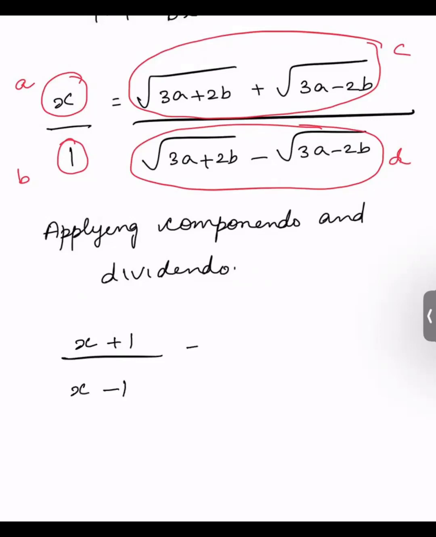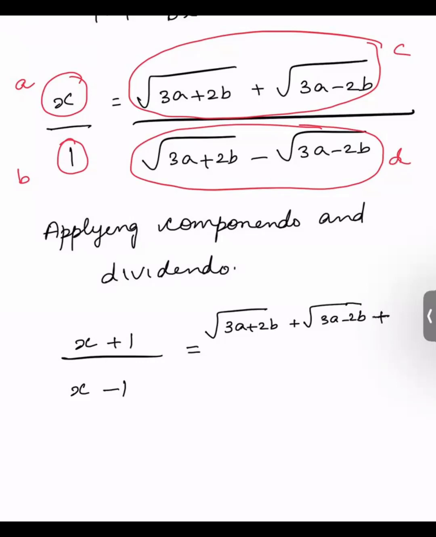This is equal to, the right hand side is going to be a longer one. You have to write C plus D. What is your C? Root of 3A plus 2B plus root of 3A minus 2B. This is my C. To that, I need to add D. So what is my D?